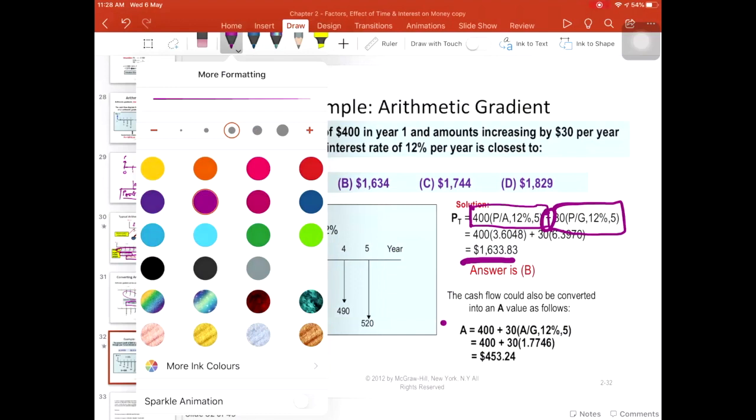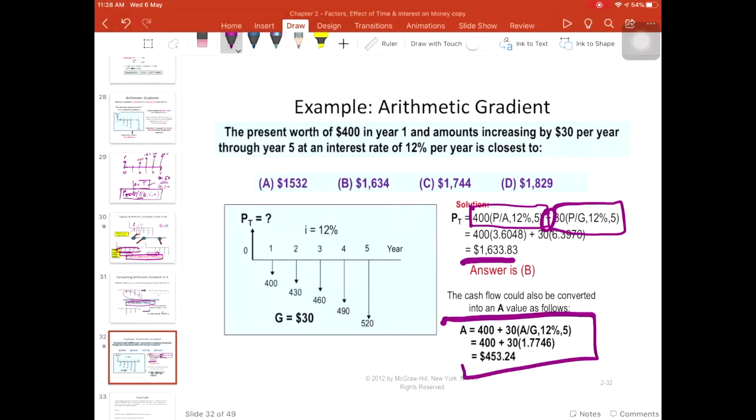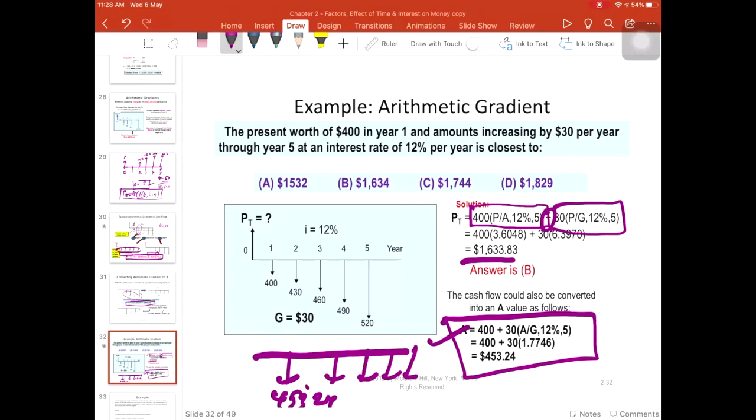That's why you use this one to get an A. That means in every year, for year 1, you will pay 5.324. It's the same until year 5.